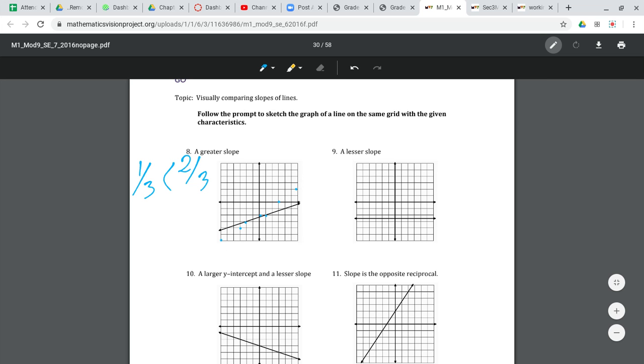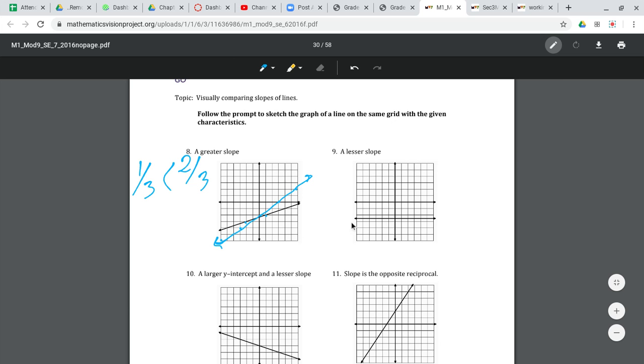Then we're trying to draw the line that goes between those. Hopefully I can draw it fairly straight for you guys. There we go. So when you're doing these, first figure out what your original slope is to help you figure out the prompt.